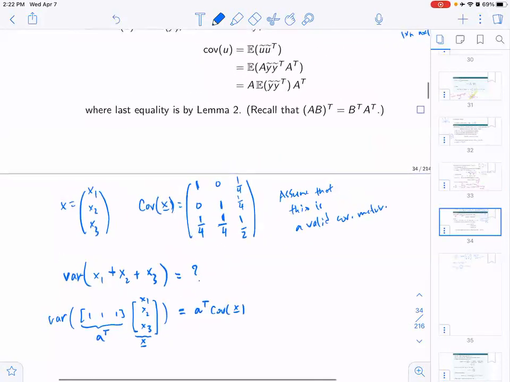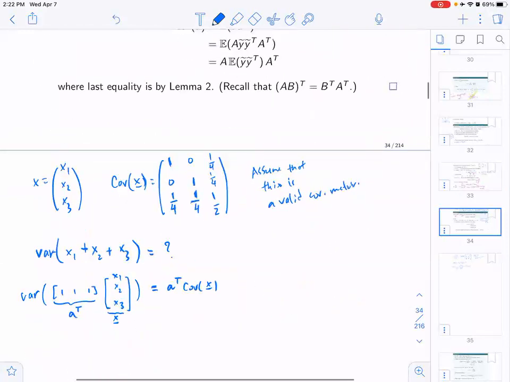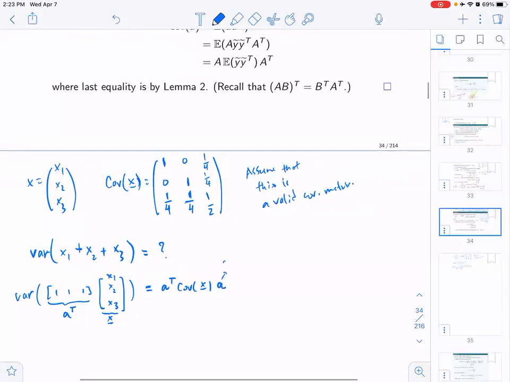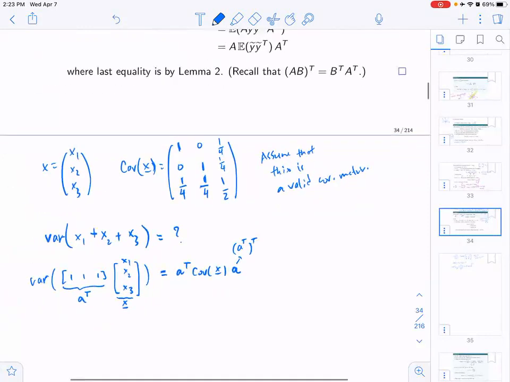Yeah, so that's A. And then this is like A transpose transpose. We could have called this A, but usually we work with column vectors, so it makes sense to call it A transpose.